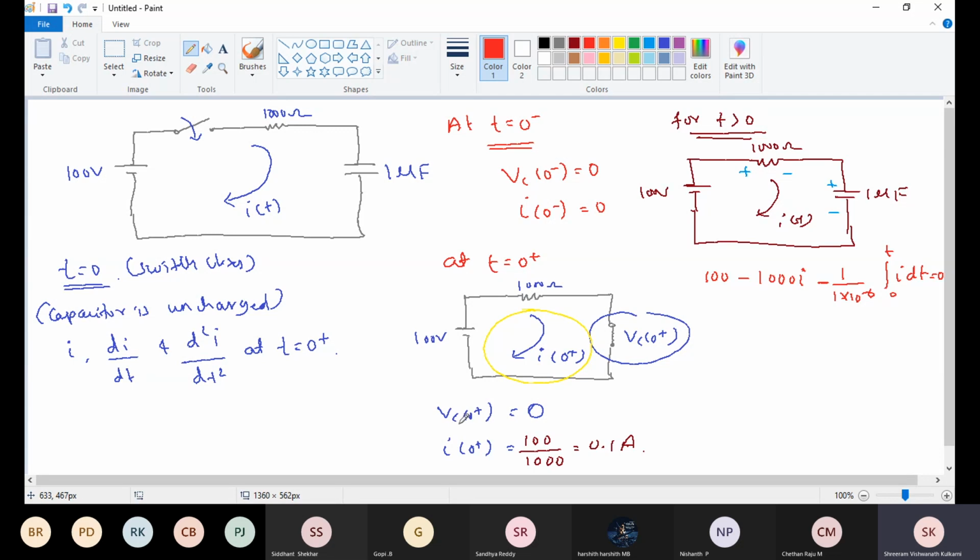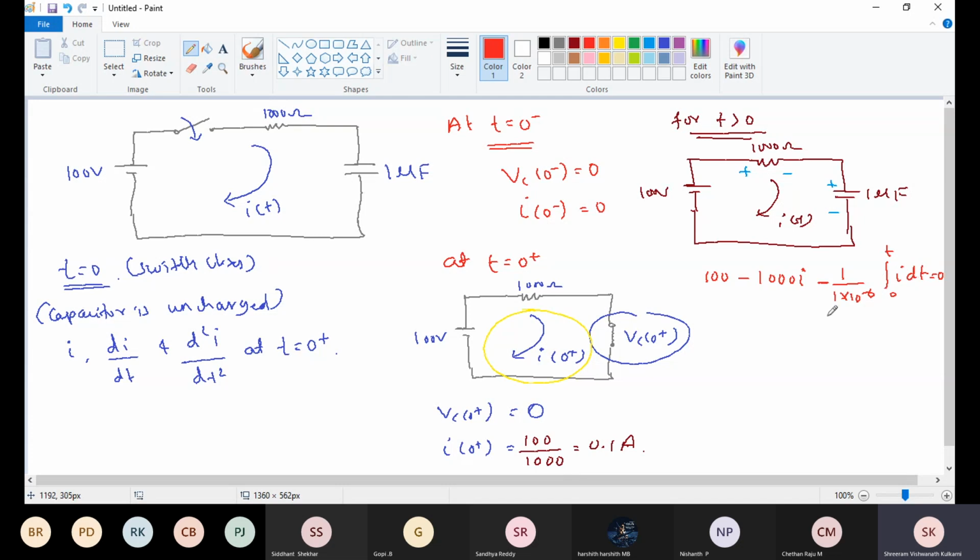Then I have written Vc at 0 plus is 0 and i at 0 plus is 0.1 ampere. Now for t greater than 0, I retain all the elements, resistance and capacitance, as they are and applied KVL: minus to plus 100 volt, minus 1000 i, minus 1 by C integral 0 to t of i dt, that is 1 by 1 microfarad, integral 0 to t of i dt.